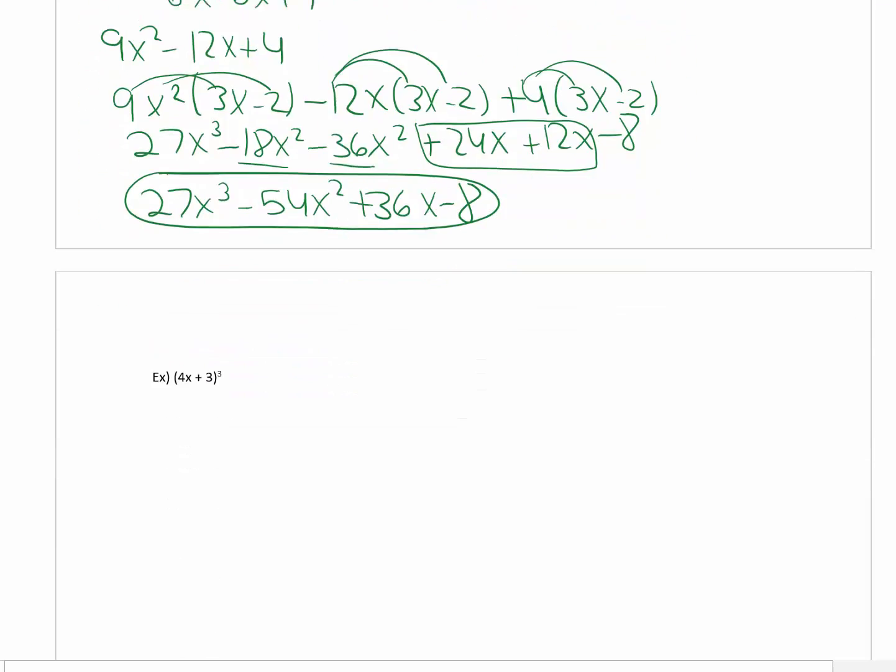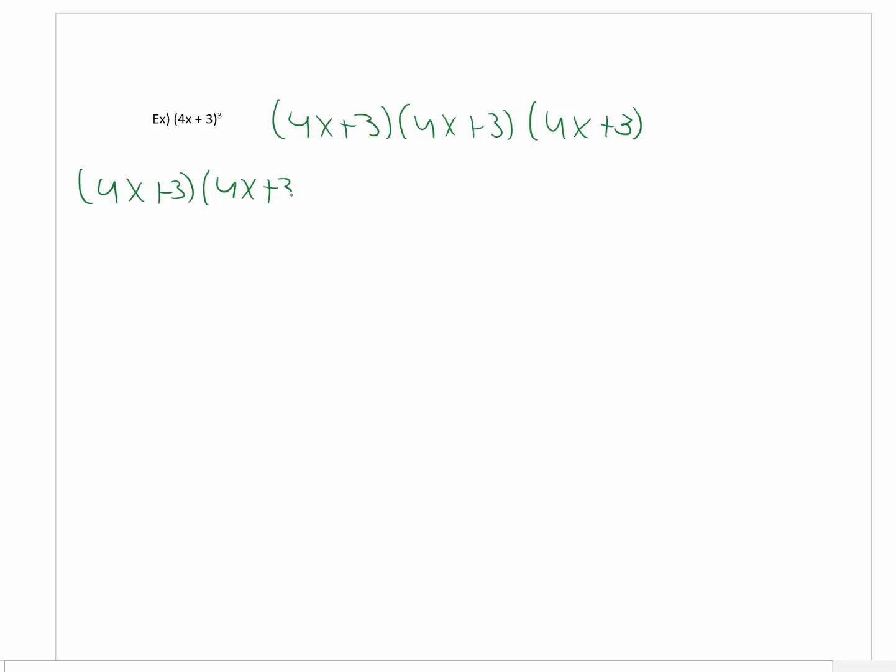Okay, one other example I want to take a look at. Again, I'm going to expand it out. So on the side, I'll do 4x plus 3 times 4x plus 3.